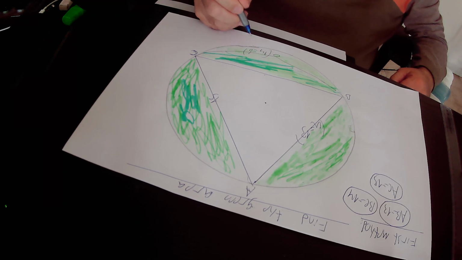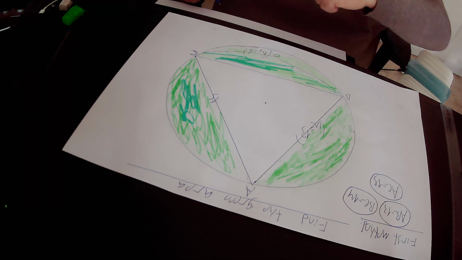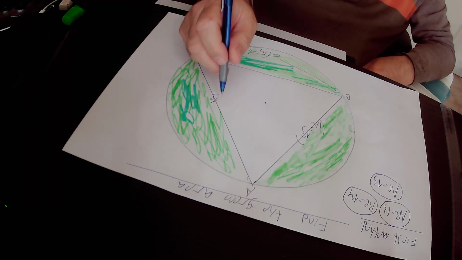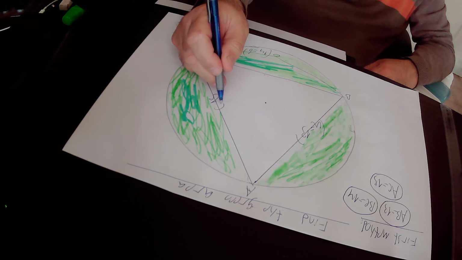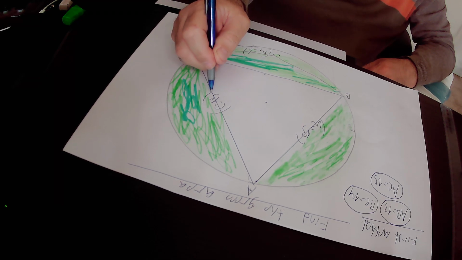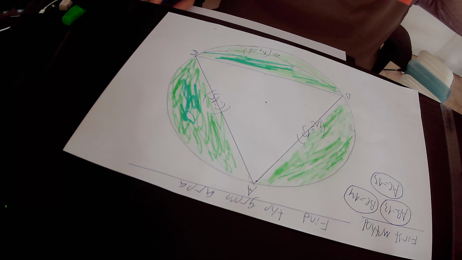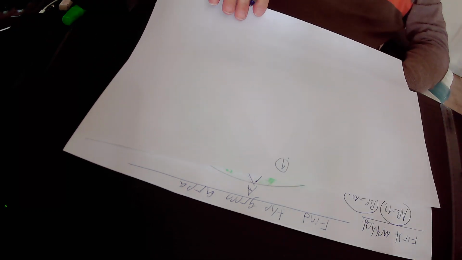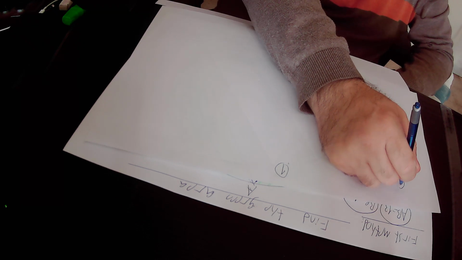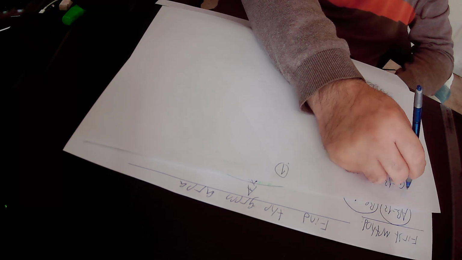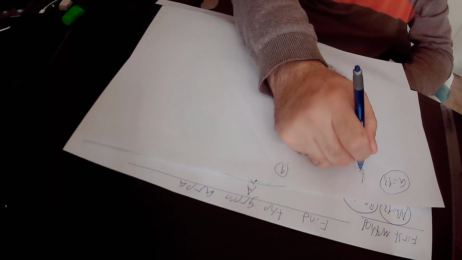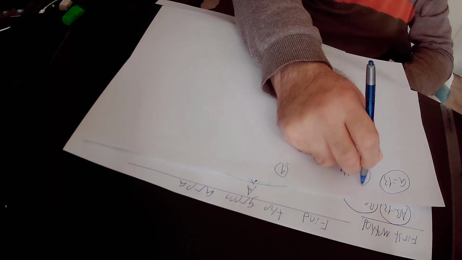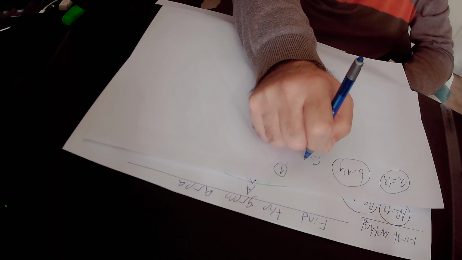And finally, we define the length of side AC as C, and we know that side AC equals 15 units, so C equals 15 units in length. I'm writing down here that A equals 13, B equals 14, and C equals 15 units.